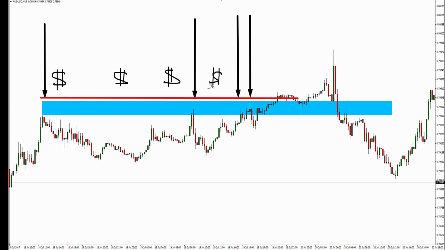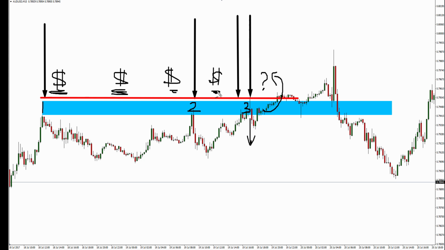If you were to ask, I don't know, 1,000 people, if you had a level of resistance in this case that had been touched 2 or 3 times, and they were entering in the market on let's say a doji or an engulfing candle, where would they likely place their stop if they were to enter that trade? The chances are most people stick it just above these structures, okay? And that's why you get this build up of money above and below these structures.